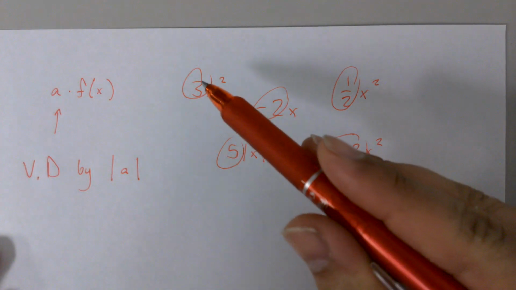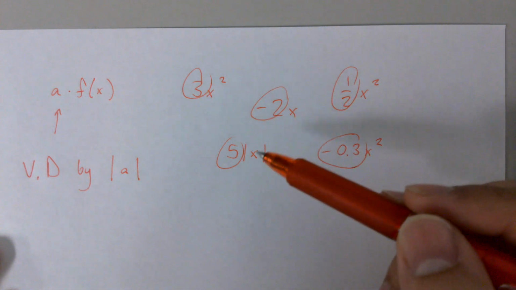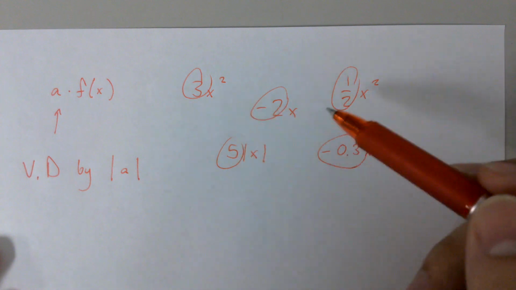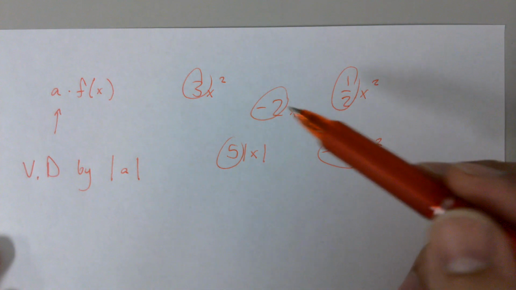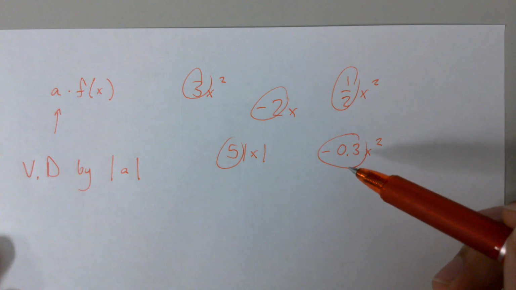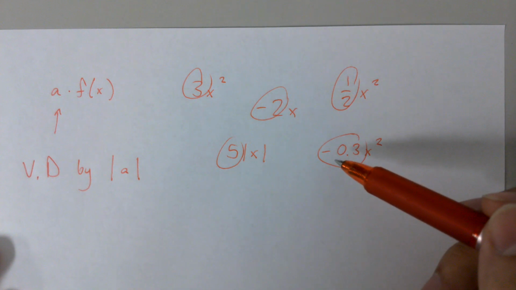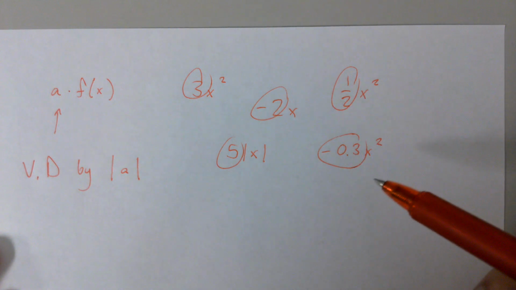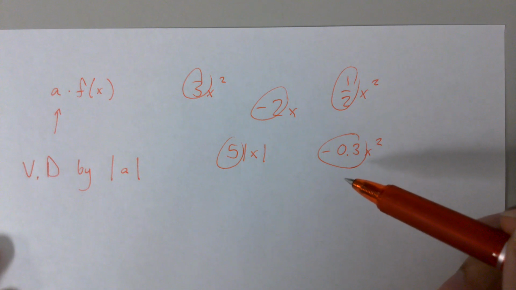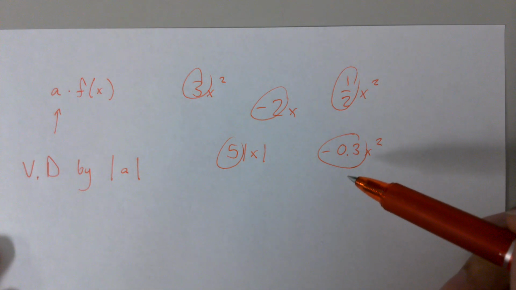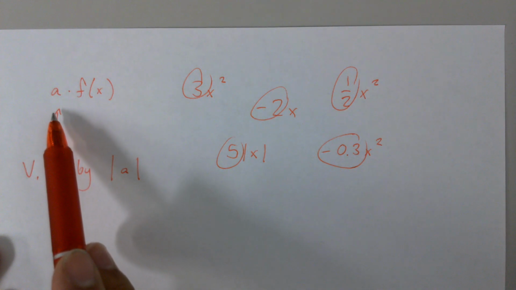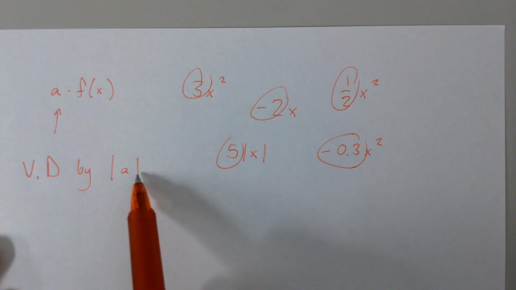So, in this case, where we have positive numbers, this 3, 5, and 1/2, these are all vertical dilations by 3, 5, and 1/2 respectively. However, this negative 2 and this negative 0.3, these are also vertical dilations by 2, because the absolute value of negative 2 is 2, and by 0.3, because the absolute value of negative 0.3 is 0.3. So, regardless of the sign of a, it's always a vertical dilation by the absolute value of a. So we can take away the sign.